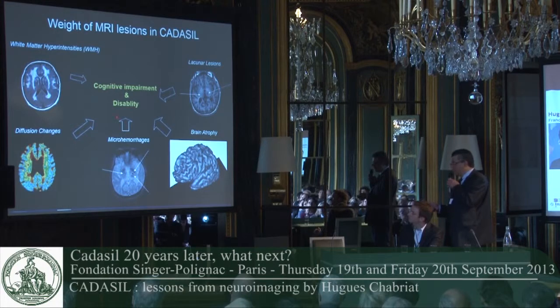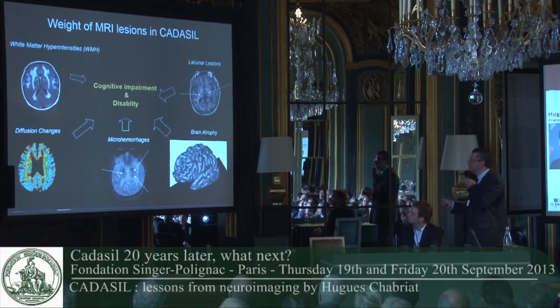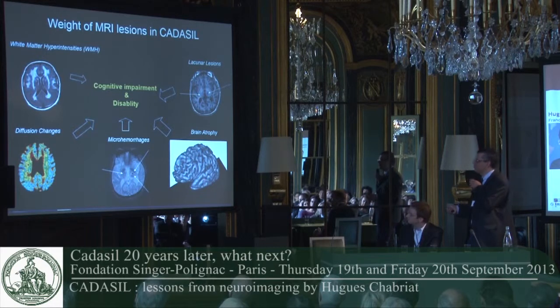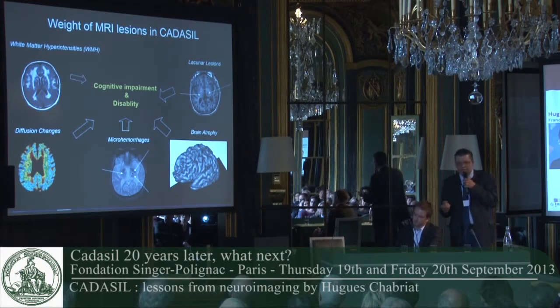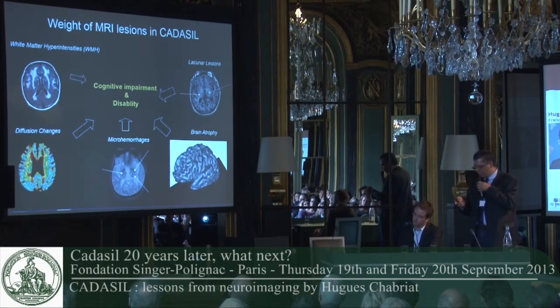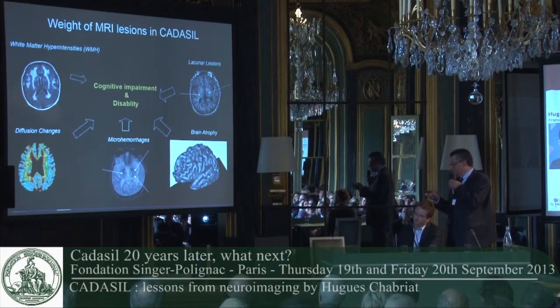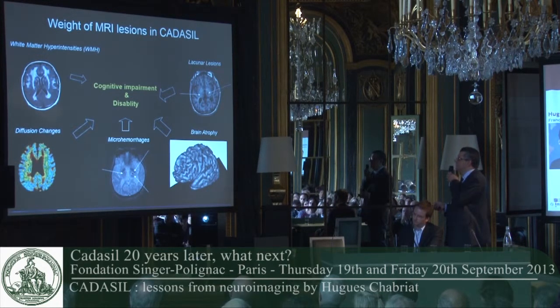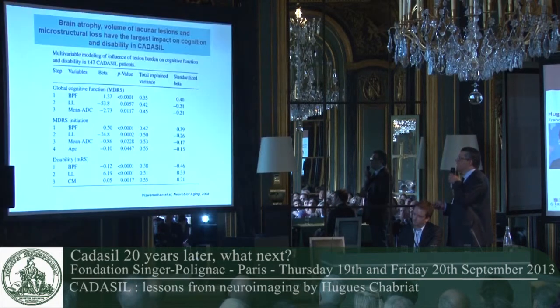Because of these different markers, white matter hyperintensities, lacunar infarctions, microhemorrhages, diffusion, brain atrophy, we thought it would be interesting to determine which of these markers are the most related to disability in CADASIL patients.